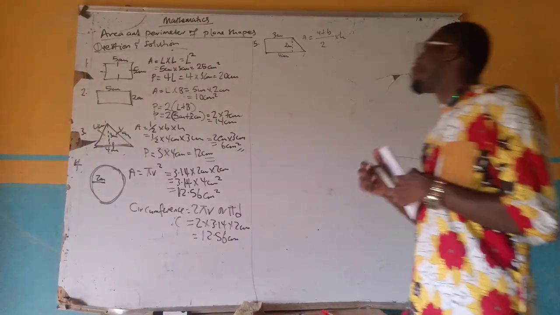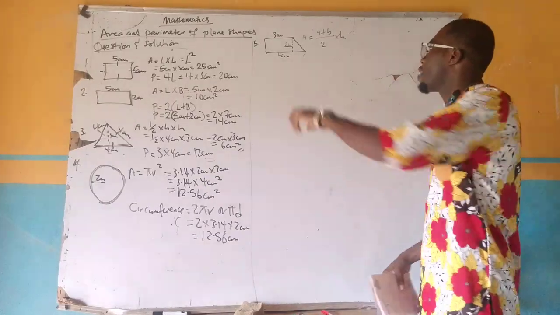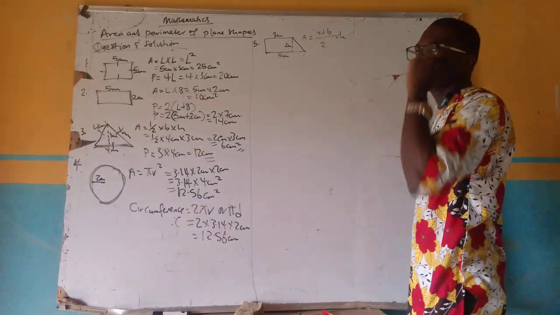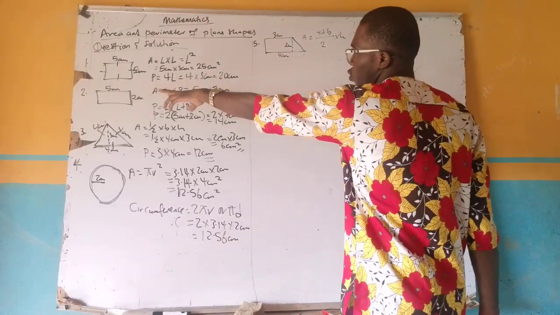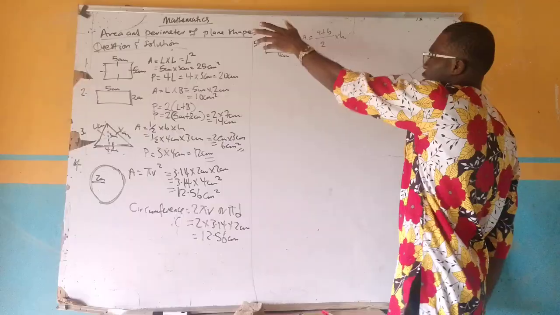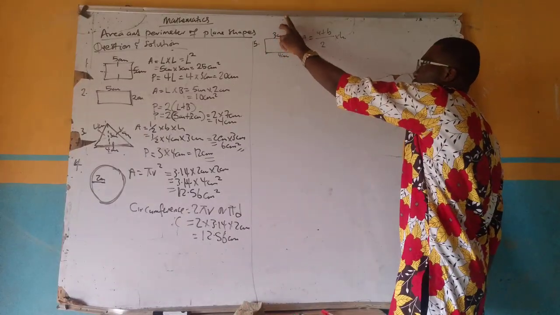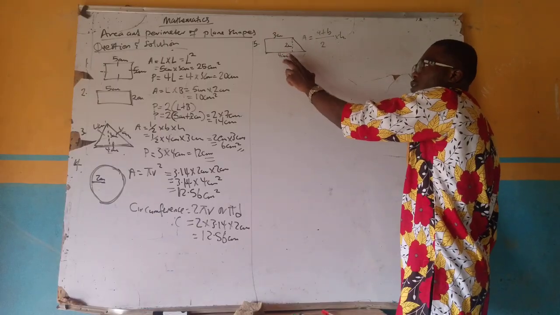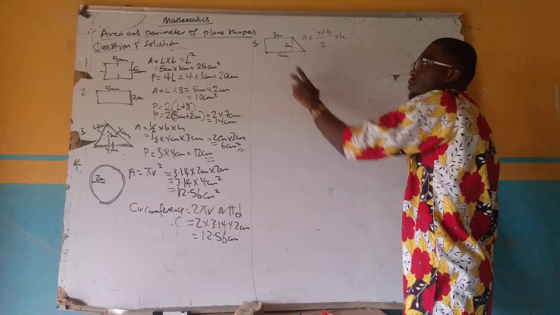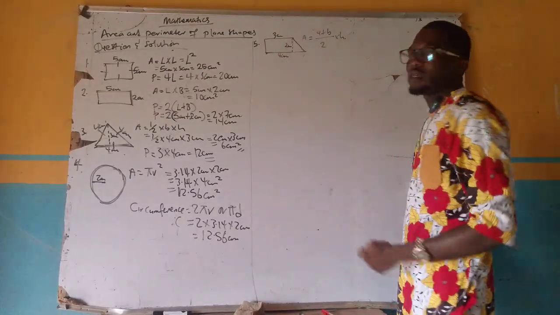So this formula, I will explain. We have a plus b. This is different from a square, so that's why we don't have length and breadth. Here, a represents one of the sides, and b represents one of the other sides. Then multiplied by the height.